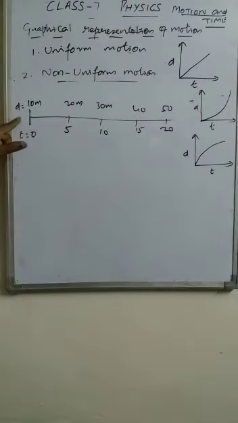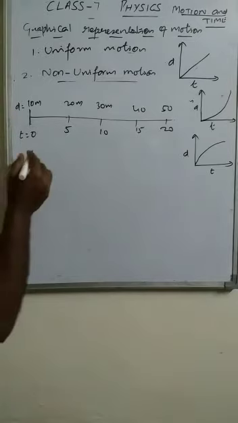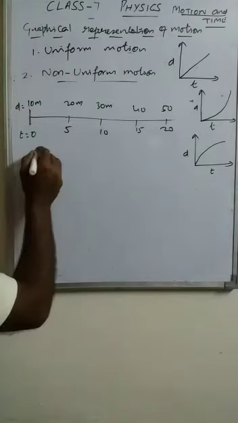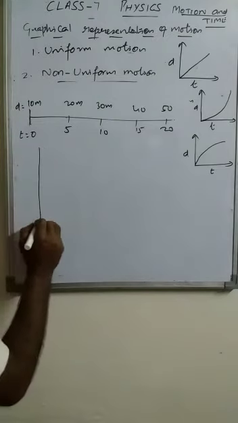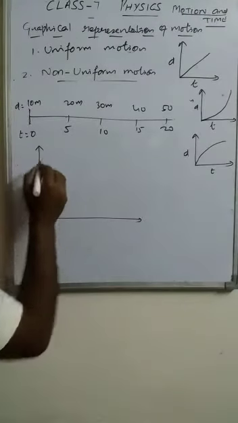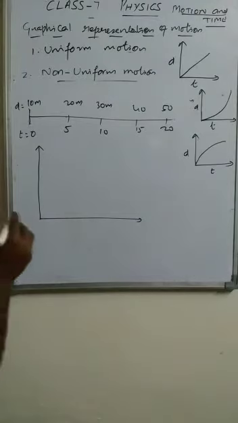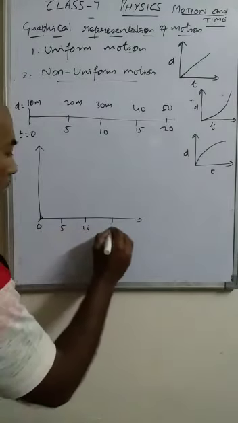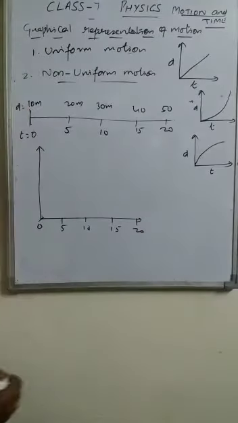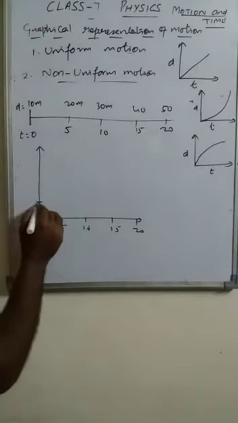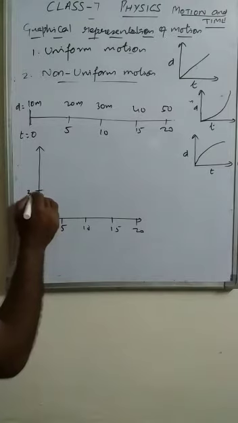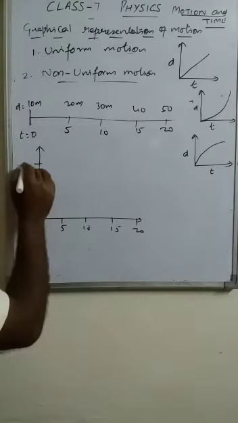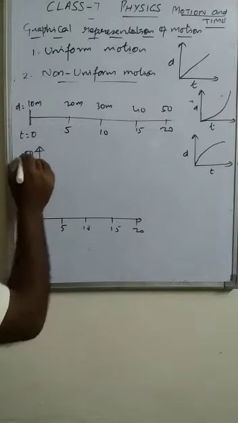But the difference is what? It is not starting from its origin. So definitely we must get the graph like this. If we plot the graph by taking the values properly with the proper scale, 5, 10, 15, 20, then here also it is 10, 20, 30, 40 and 50.